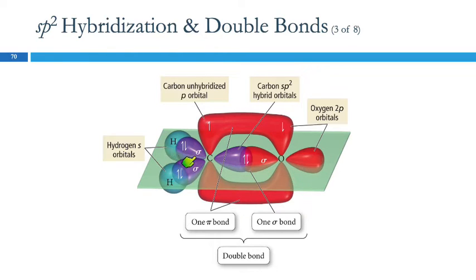So here's the trigonal planar sp2 hybrid orbitals. So we made 3 orbitals that are identical. So that's like 3 balloons. They're going to make a triangle here. And they each have 1 electron in them. So one of them is going to overlap with the hydrogen, and another one's going to overlap with this hydrogen, and the third one is going to overlap with one of the p orbitals of the oxygen.